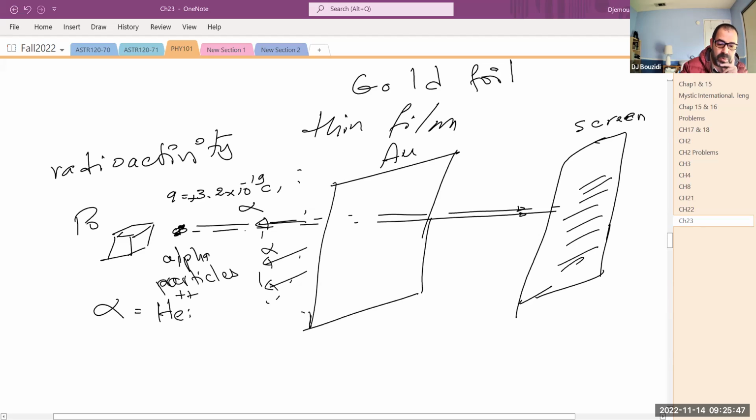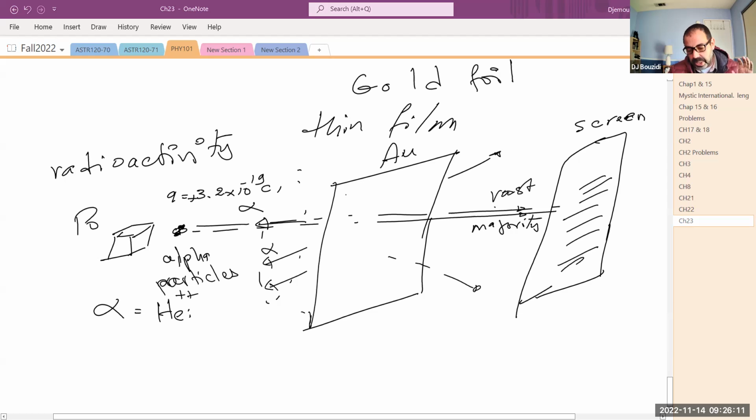And that was a big problem, because the vast majority, according to the final conclusions, went through unimpeded, but a fraction of them get bent backward. Some bent in this direction, and this direction too. For the vast majority, as I was saying, they went through.